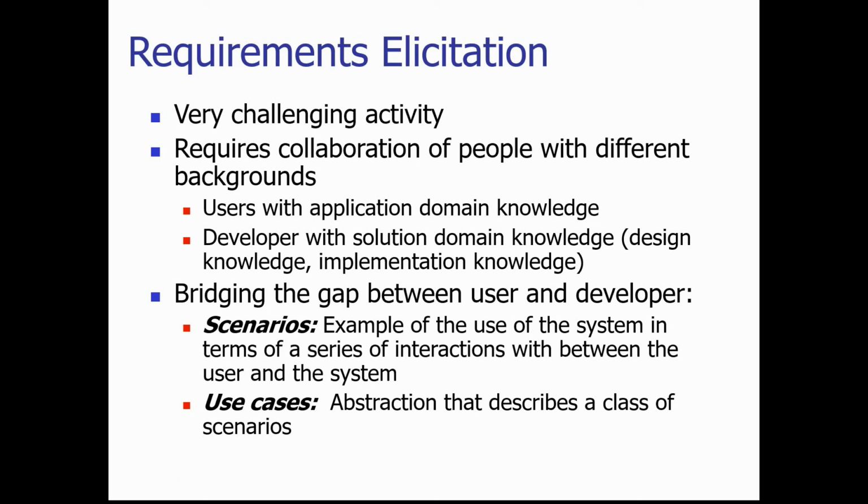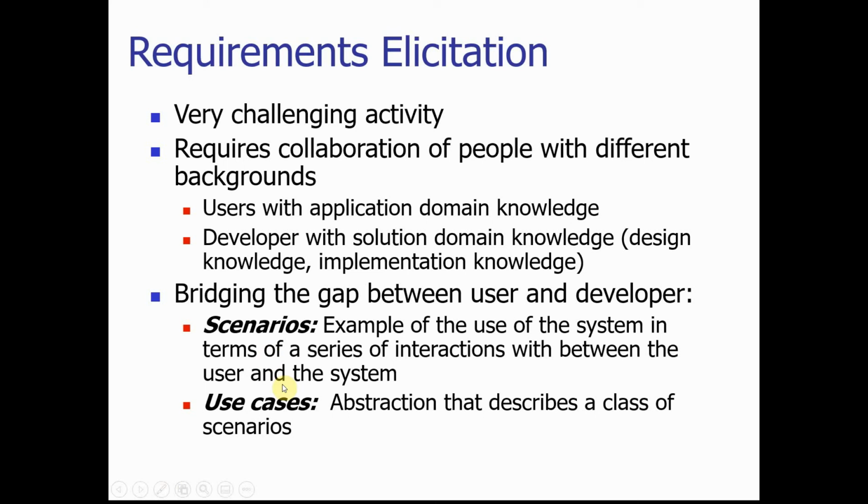And then from multiple scenarios we can come up with the use case. A use case is an abstraction of the scenario. To come up with a use case, we have two approaches. One is when you have multiple scenarios, you abstract from the similar scenarios and come up with a use case.